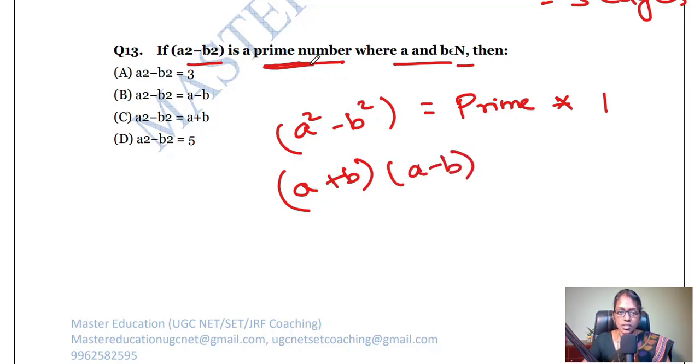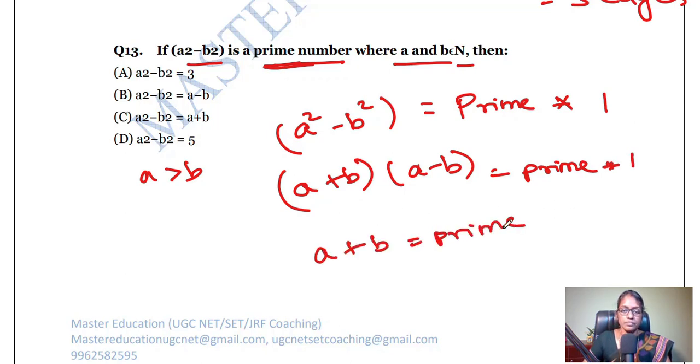Since they said that it is a prime number, a should be greater than b. Okay. Because it is a prime, there is no negative value. If a is lesser, what happens? A negative value will come. Okay. So a plus b into a minus b equal to prime into 1. So I can say that a plus b equal to prime and a minus b equal to 1.